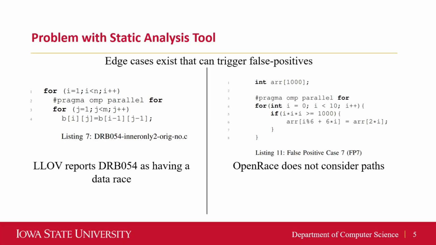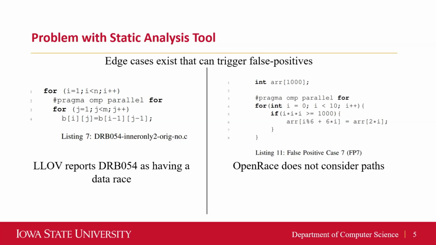Either it's because LLOV only always used the for loop that is marked with parallel for, so it might have no knowledge of the outer loop, or there might be a bug in the implementation where it triggers alias analysis instead of polyhedral model analysis. Those are two possibilities why it can trigger a false positive.